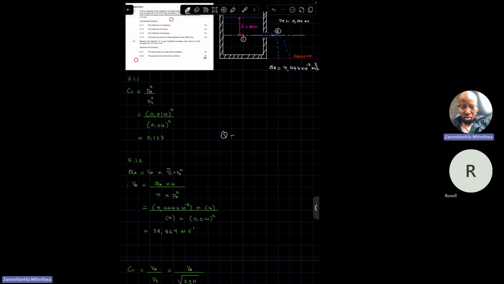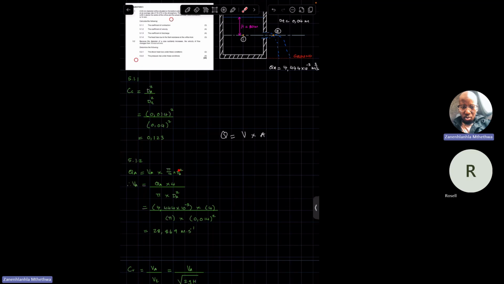the general formula for calculating flow rate is the velocity times the area. So if you have QA, then this becomes VA and this becomes the actual area. Here we've been given the actual flow rate, so we use it to calculate the actual velocity, seeing that we've been given the diameter of the vena contracta, the actual diameter.